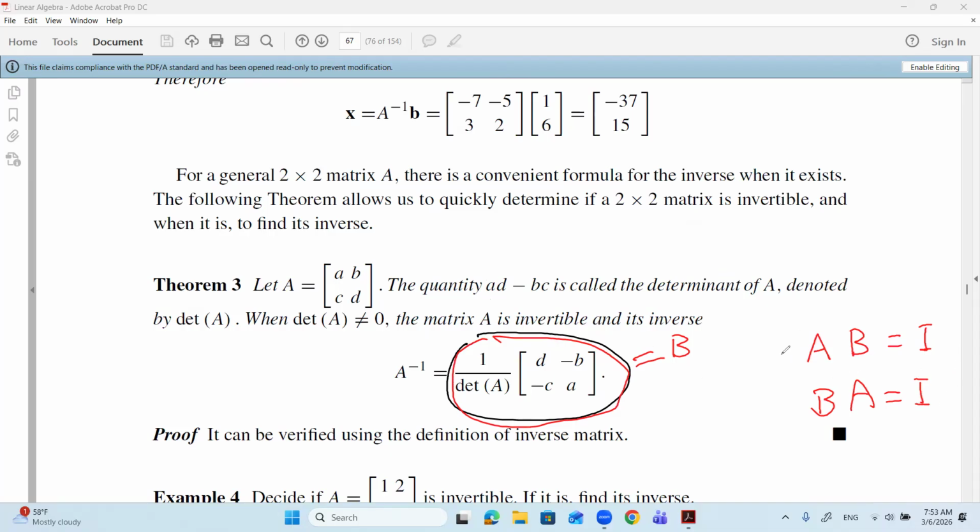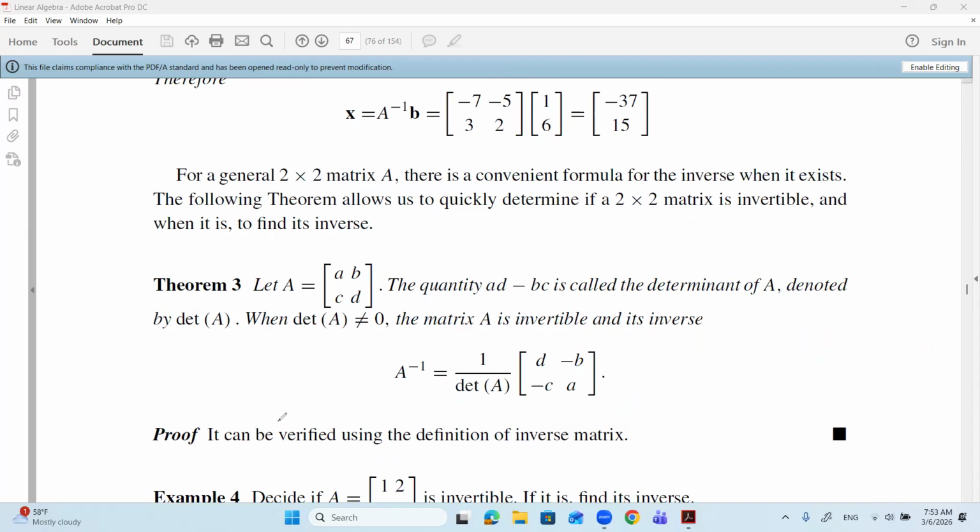If both are true, then B is the inverse. Yes, we can verify. Simply multiply the two matrices. It's a straightforward multiplication, and then see if you get the identity matrix. So using the definition, we can verify it is indeed the inverse of A.